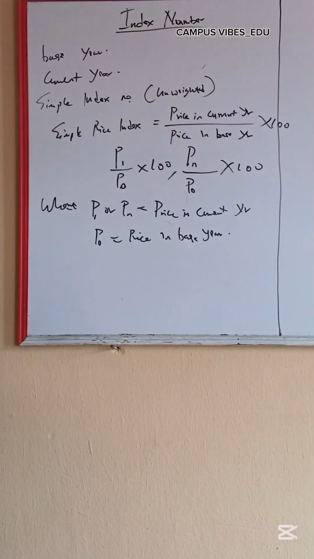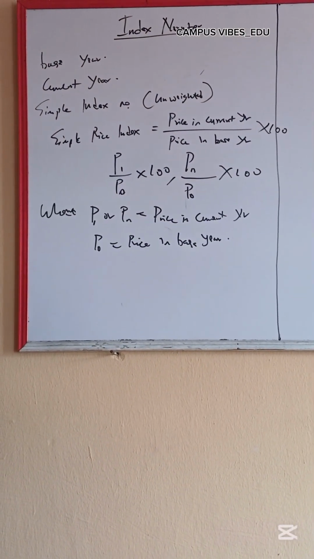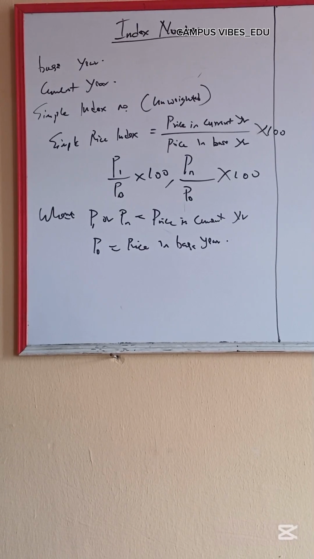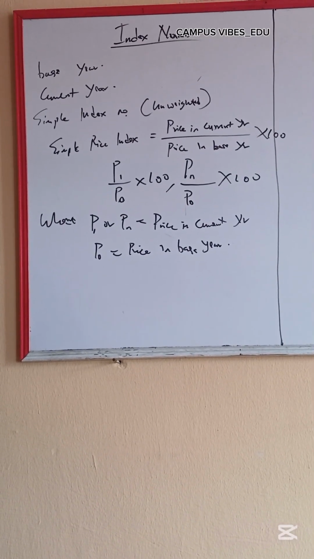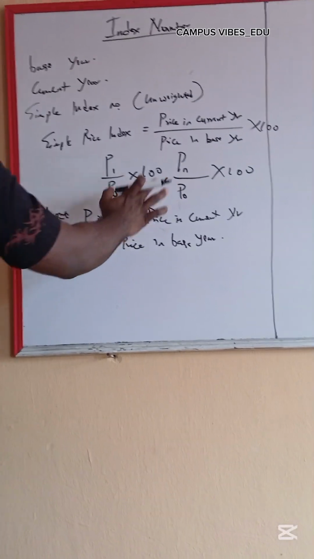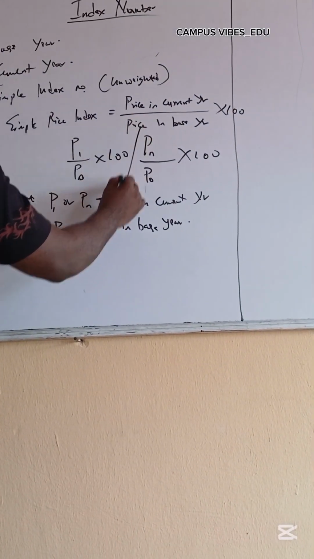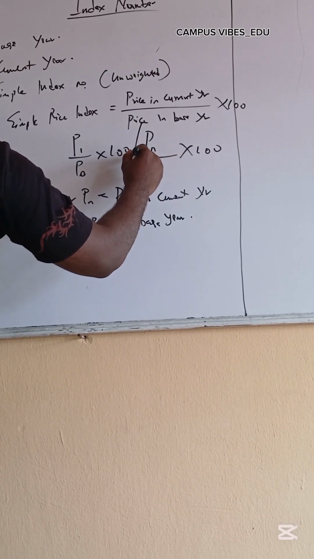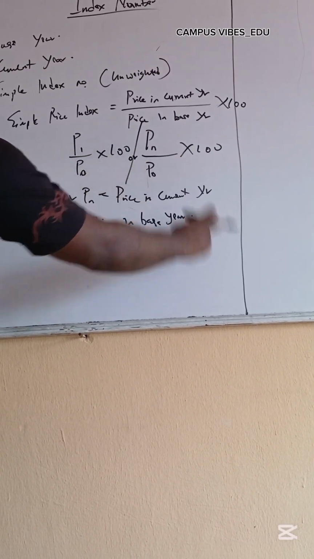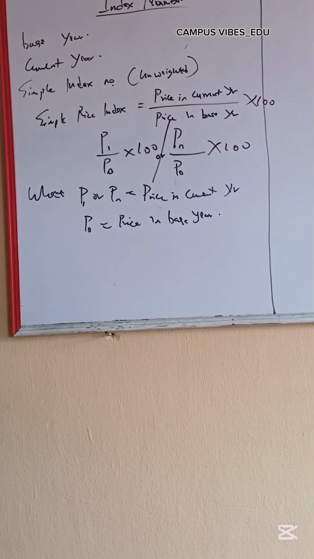This is the formula for the simple index number, or we can call it our simple price index. You use this, or this, or this.